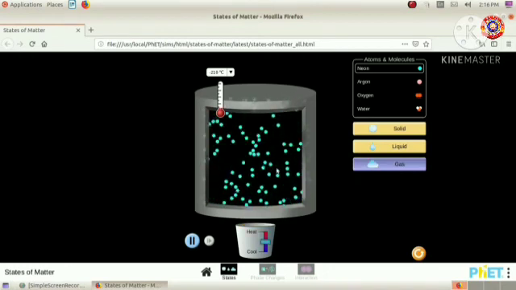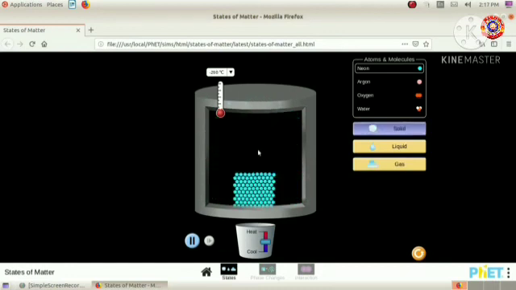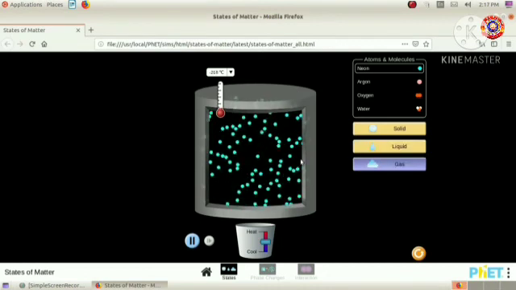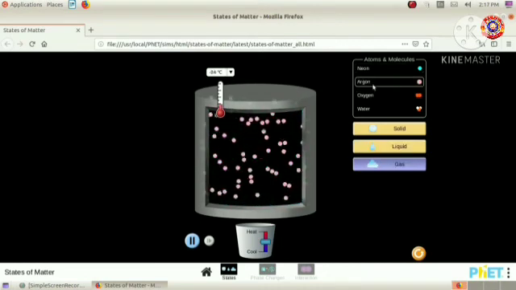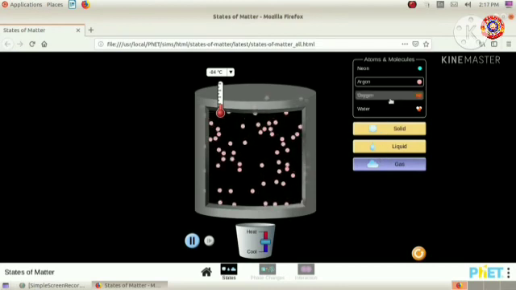And in the case of gas also, the distance is very much large so that they can move easily while applying a small amount of heat. Is it clear for you? We can select the different atoms from here and see the changes in their simulations while applying heat.